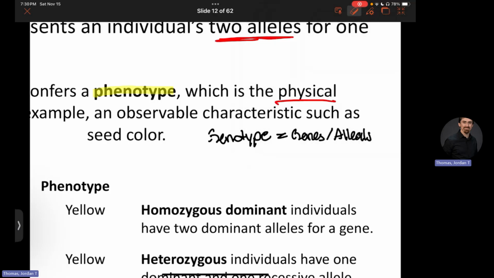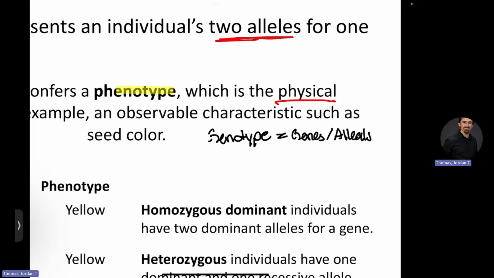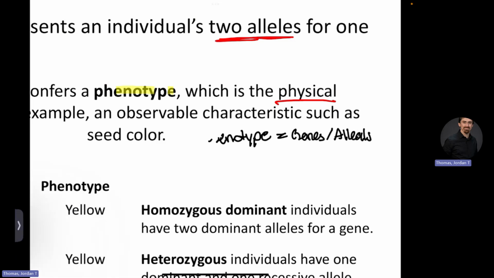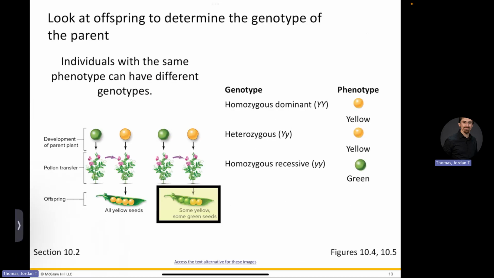So genotype produces the genes or the alleles, while the phenotype produces the physical characteristics.